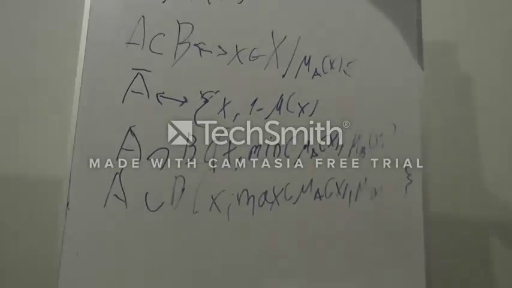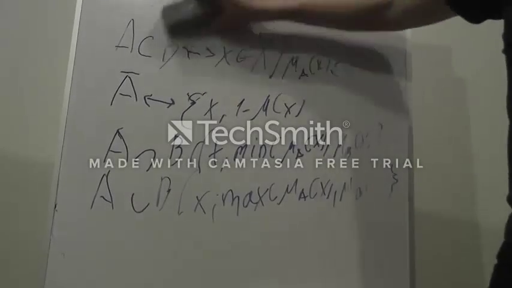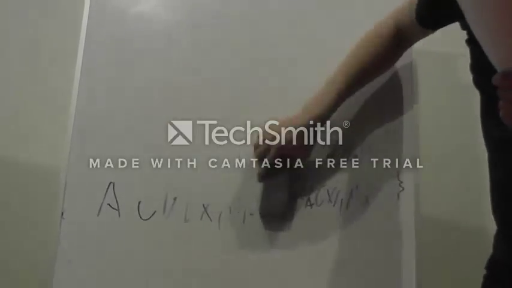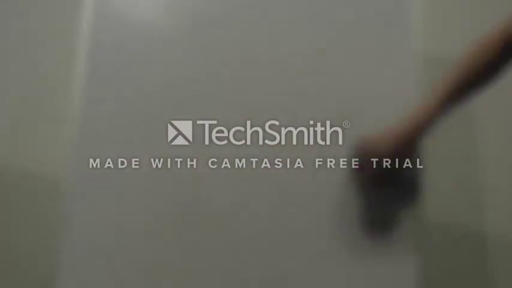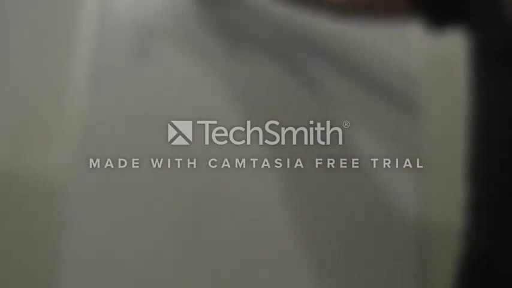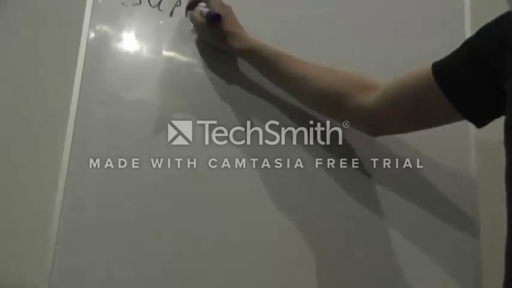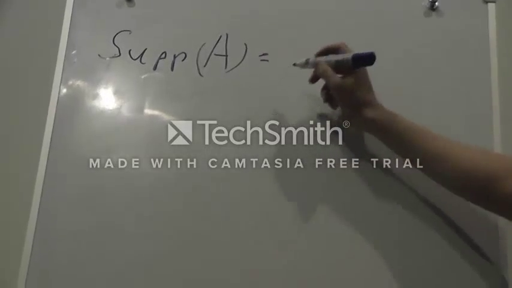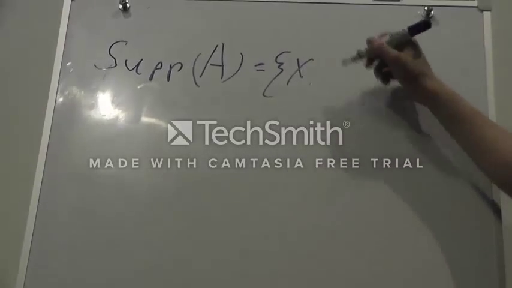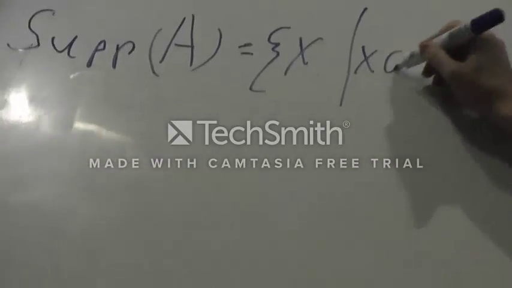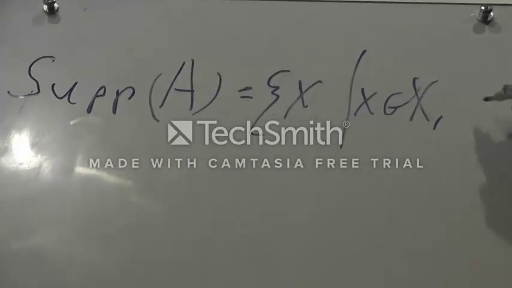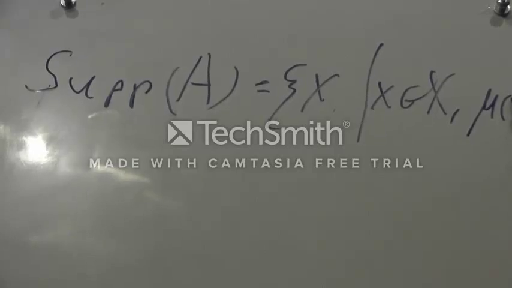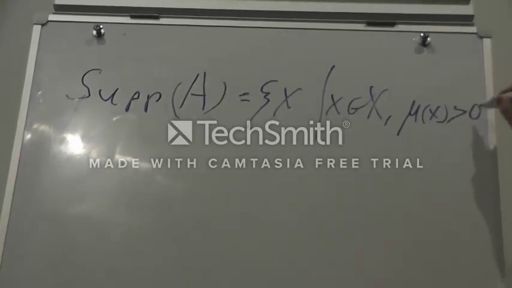There are some extra characteristics of fuzzy sets which can be defined, unlike for classical sets. Let's look at them. The first one is the subpart of fuzzy set A. Subpart is the set of all elements of the universum which are presented in A. That means all elements of the universum where the membership of this element is more than 0.